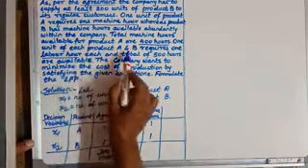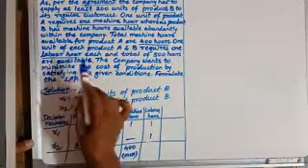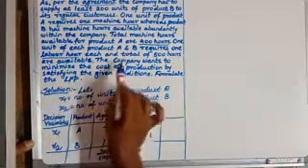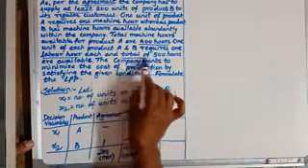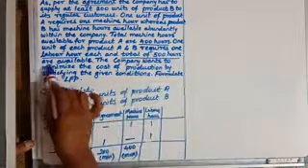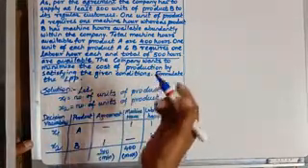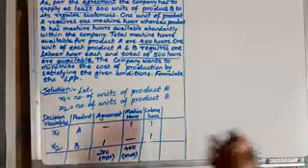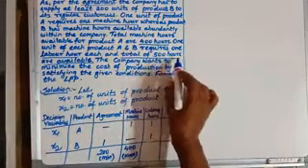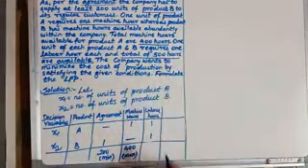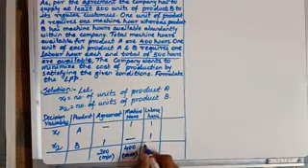Each product A and B requires 1 labor hour, and total 500 hours are available. Whatever number of laborers are there, they all together work for 500 hours. This is also maximum.